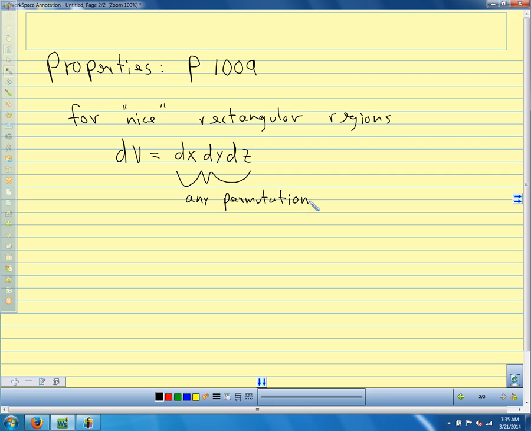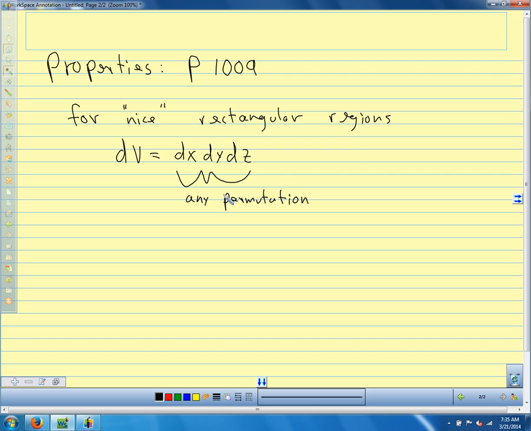So for triple integrals, we have 6 possibilities for our order of integration. We can integrate in any of the 6 orders that we could rearrange these things.